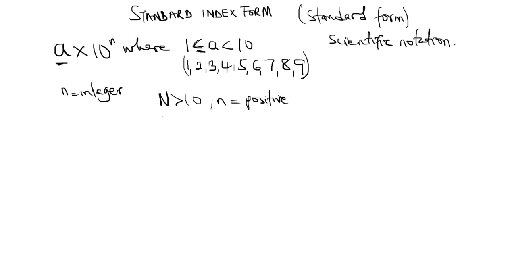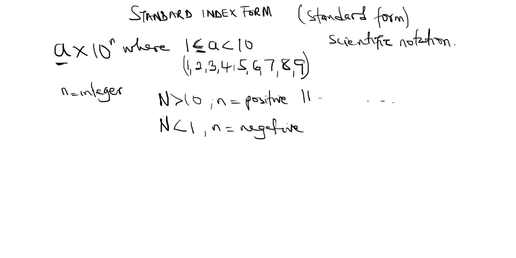But when the number is less than 1, in that case your n is negative. When a number is greater than 10, right from probably 11 until whatever number you can have, even a 20-digit or 80-digit number, your n is going to be positive.